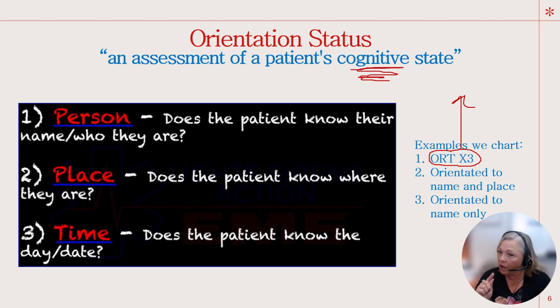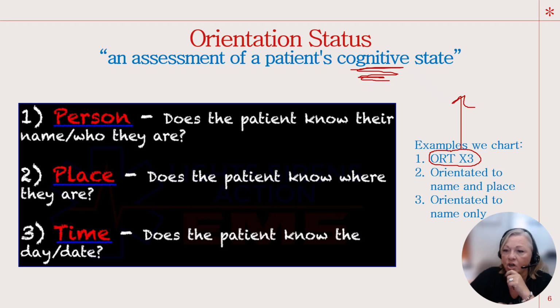It is not wrong if you want to write that out longer and say orientated to person, place, and time. But what happens if they're not orientated to one or more of these? Then we're going to be specific. What we chart is what they are orientated to.